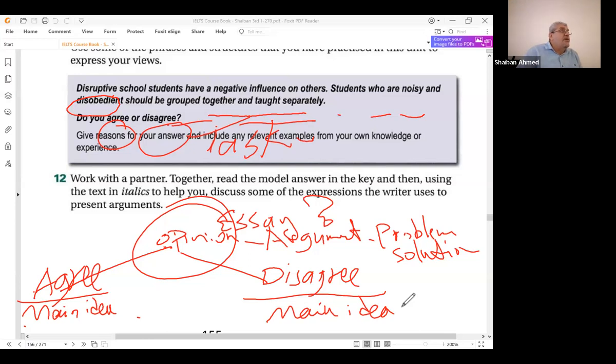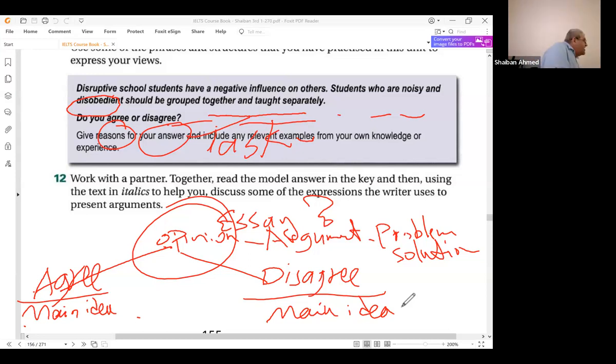In many schools around the world, there are always some students who are troublemakers. Some people suggest that these troublemakers should be grouped together and taught alone or in separate classes. What is your opinion? You have to say it.